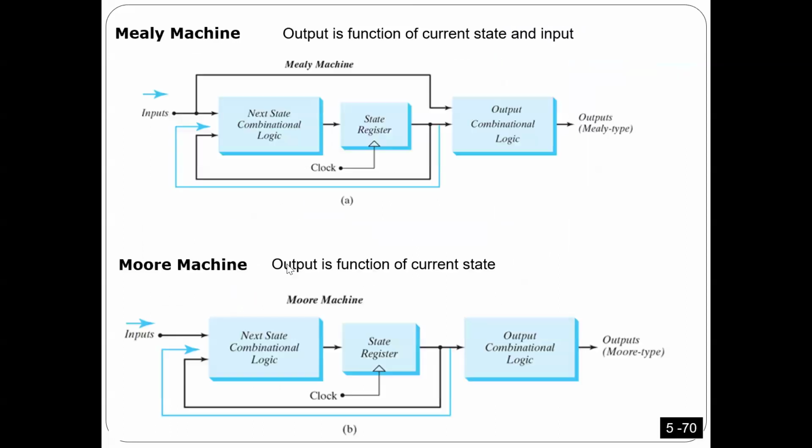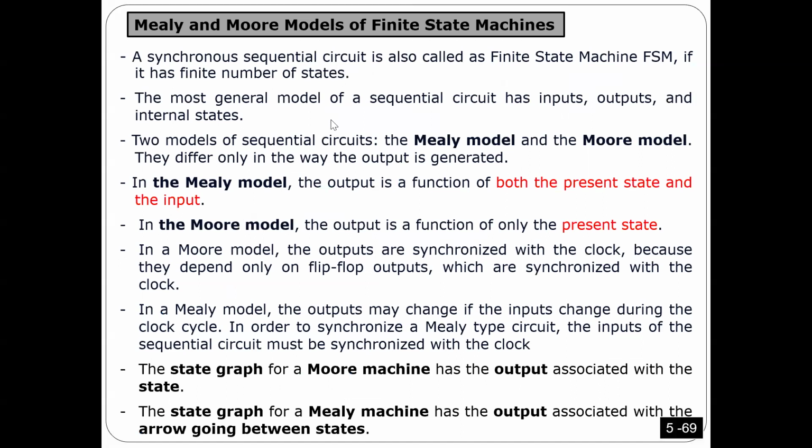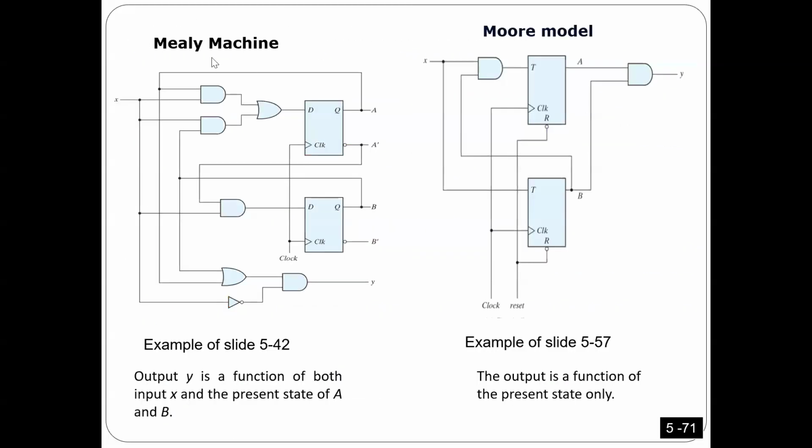But before I do it here, last time I did not explain that we have two definitions. We can call a circuit a Mealy circuit, or we can call it a Moore circuit. So a sequential circuit can be Mealy or Moore. How can I know if it is Mealy or Moore? Very simple.